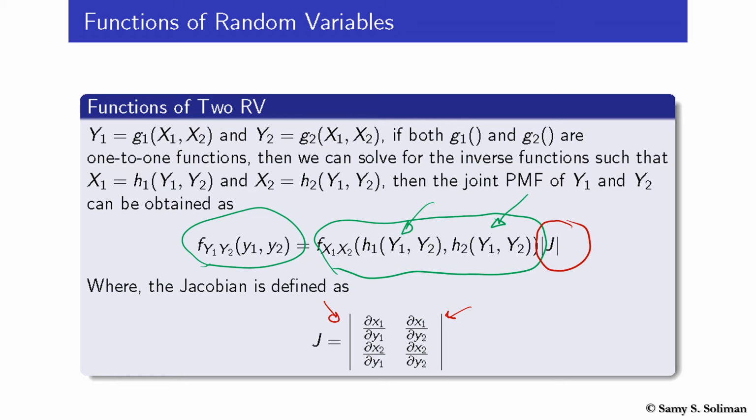The first row is the derivative of x1 with respect to y1 and y2, and the second row is the derivative of x2 with respect to y1 and y2. Again, x1 and x2 are the original random variables, and y1 and y2 are the newly defined random variables.